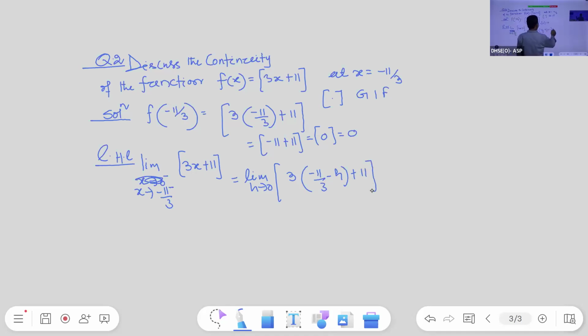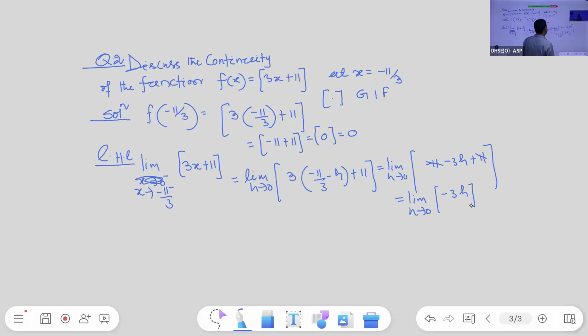This is equal to limit as h tends to 0 of the bracket minus 11 minus 3h plus 11. Minus 11 plus 11 cancels. This is equal to the limit as h tends to 0 of the bracket value of minus 3h, right?